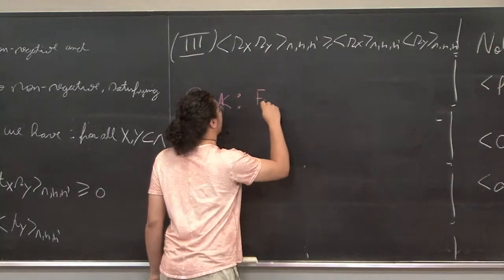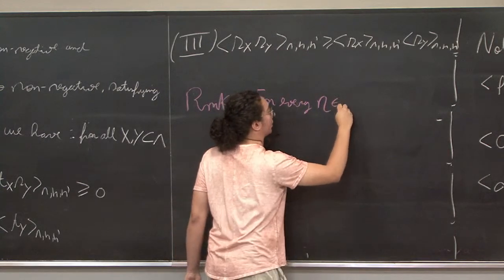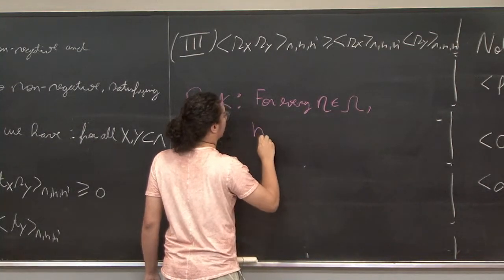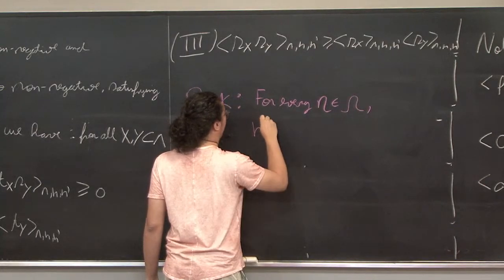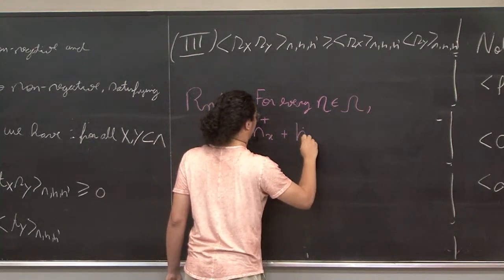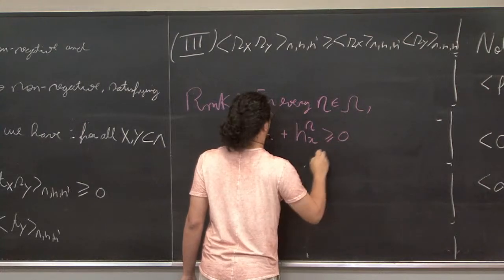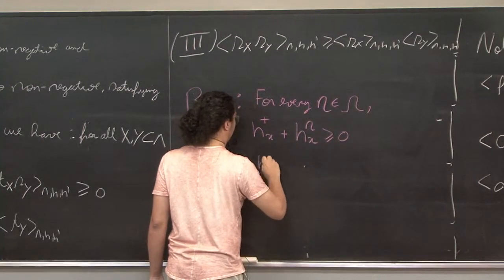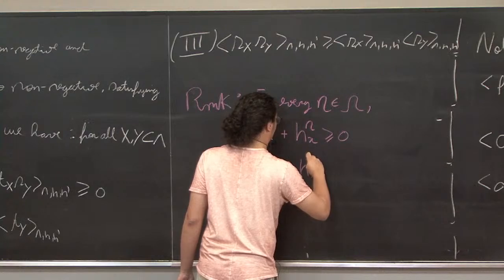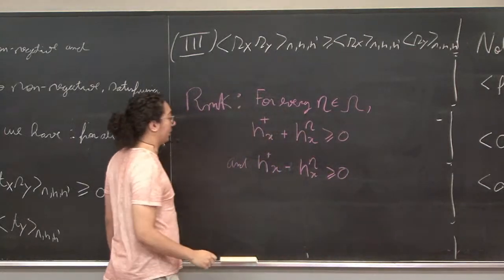For every configuration, the external field with plus boundary condition at x plus the external field on x with this eta boundary condition is larger than 0, and as you can imagine, plus boundary condition and x of eta, here's a minus, is also bigger than 0.